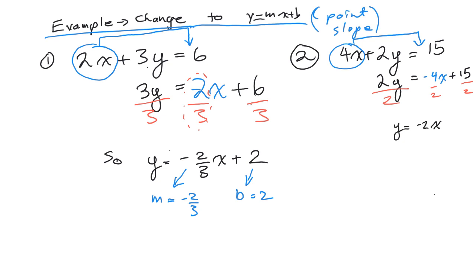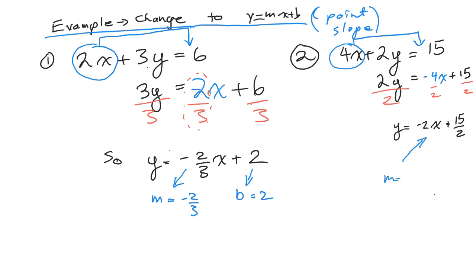And then 15 over 2 can't really be changed, but you could have written it as 7.5, or when we're doing math in a math class, we leave it as 15 over 2 since we cannot reduce that any further.